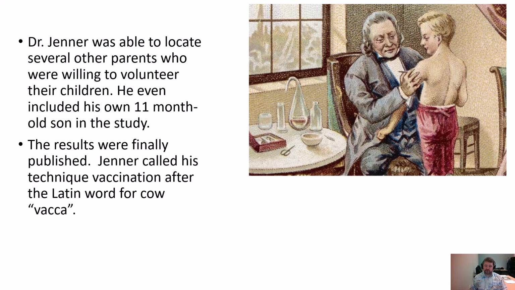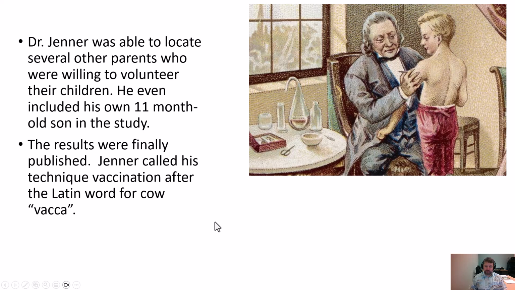From that perspective, they most likely got a vaccine in this form, whether that be the vaccination for smallpox or the vaccine for polio. It was given the same way.